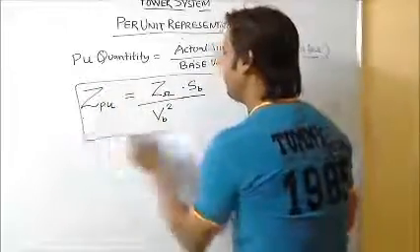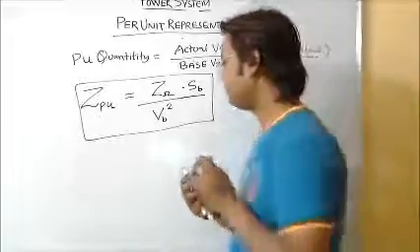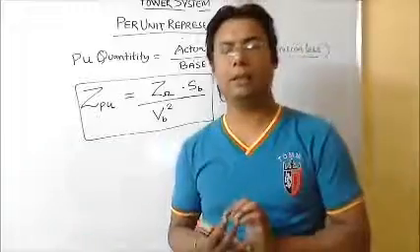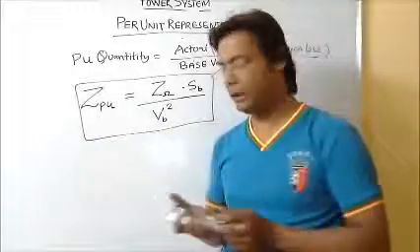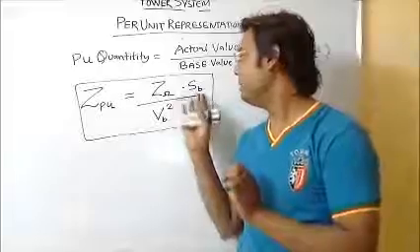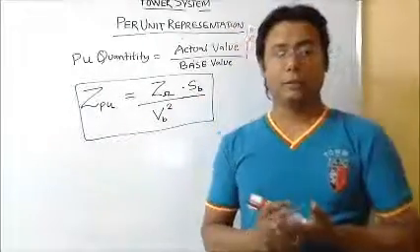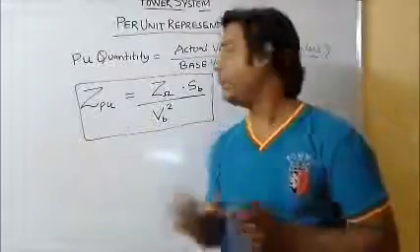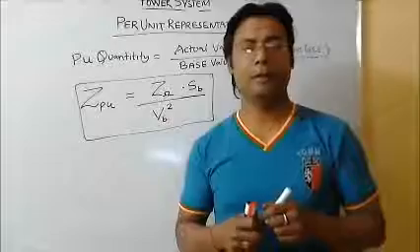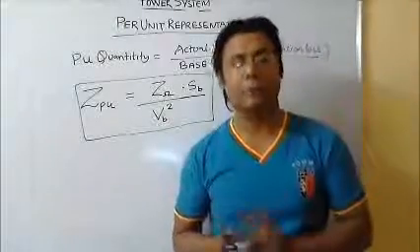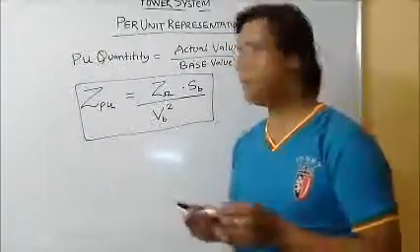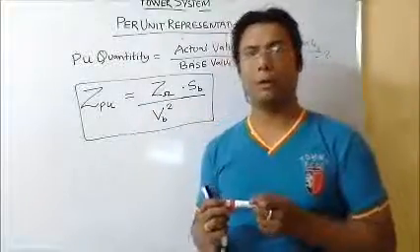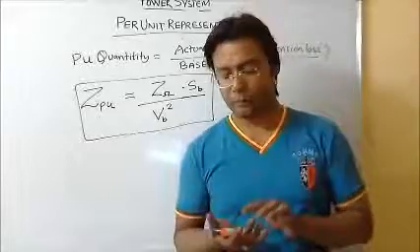So I can take out the per unit value of impedance as Z ohm into SB upon VB square. One more thing comes with the impedance: 1 by the impedance is equal to Y, so I can have the admittance base formula also from this. I can have n number of formulas from this, so I must remember all these formulas.